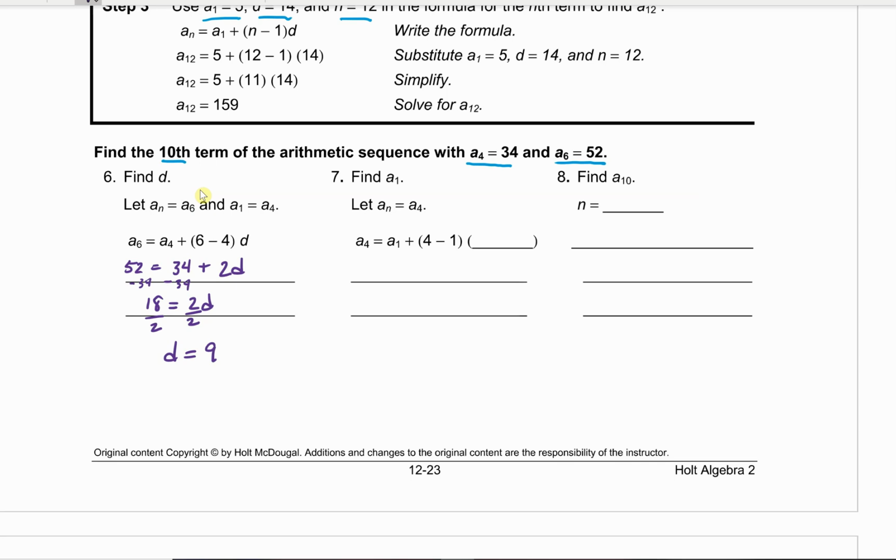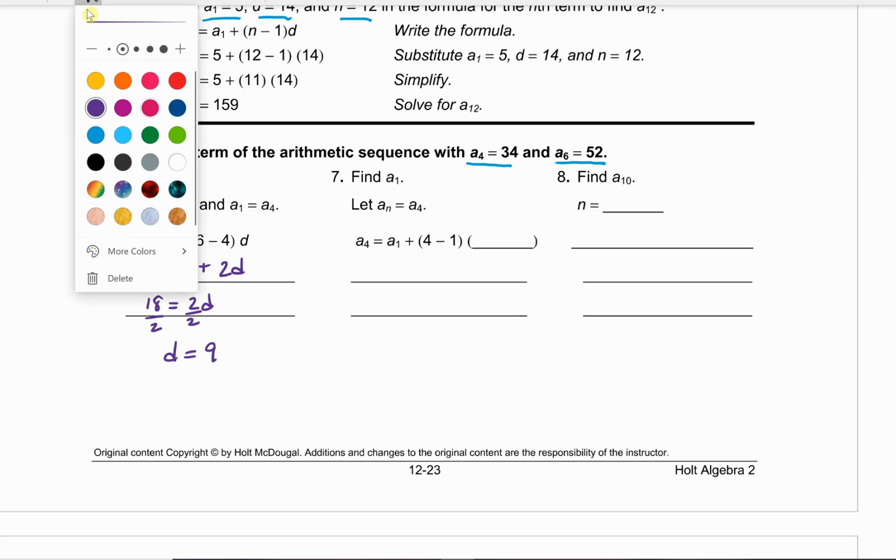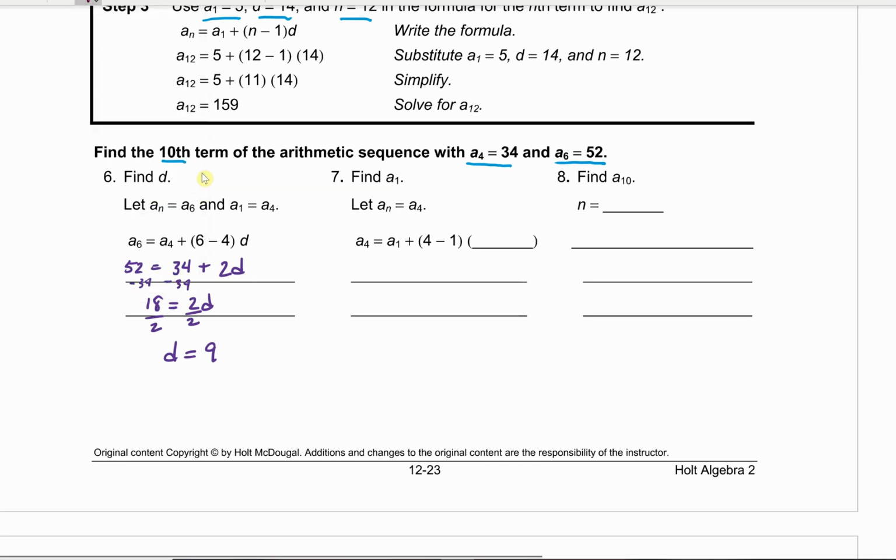All right, so now that I know d is 9, I also know that a4 is 34, so now I'm going to let an be a4 and say a4 equals a1 plus 4 minus 1 times d, which is 9. So I'm going to say 34 equals a1 plus 3 times 9, or 34 is a1 plus 27.